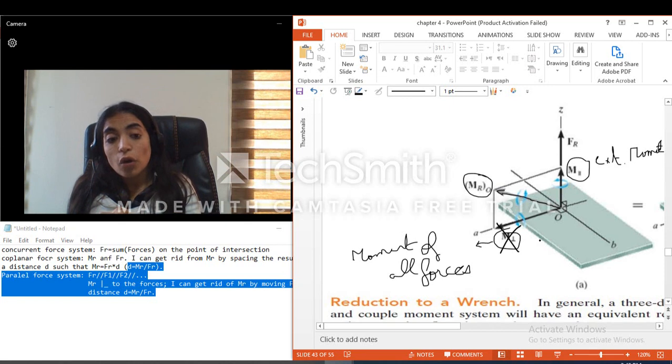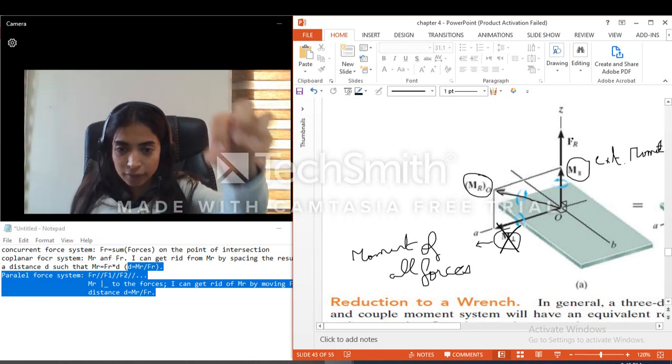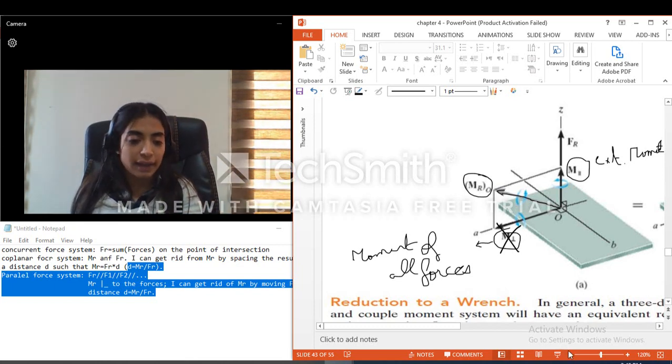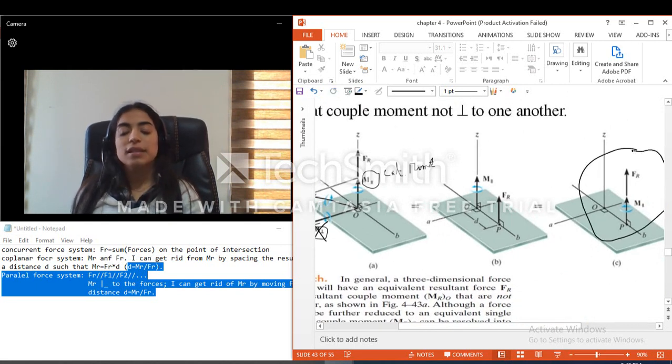And then, guys, for M that is parallel to FR, since this is an external moment and this is a free vector, I can put it wherever I want, I can take this M and put it with FR. Okay, so I can have this system here. So this is my simplified system.